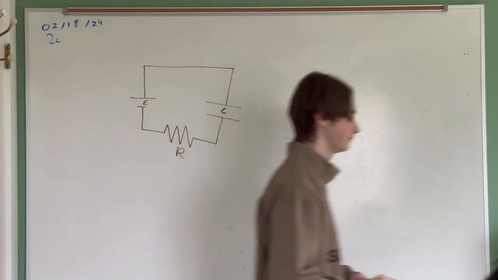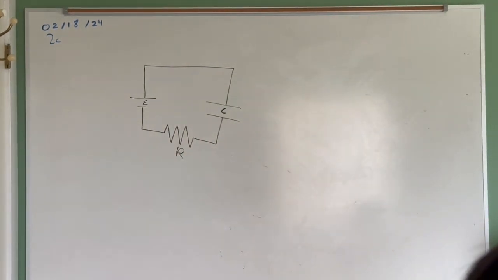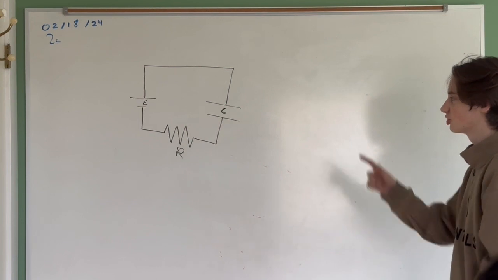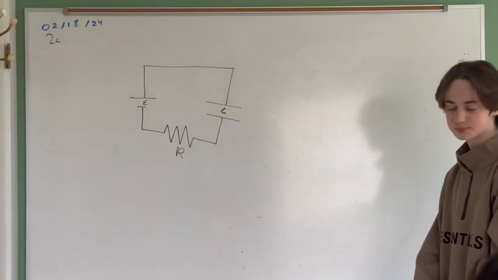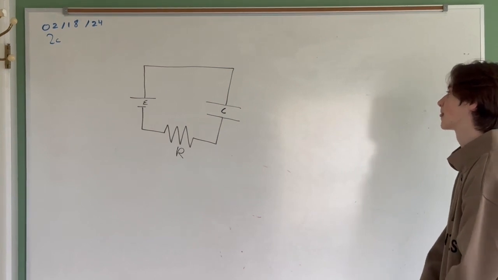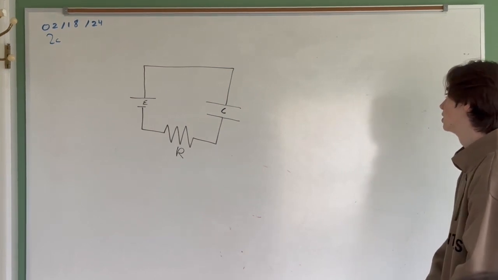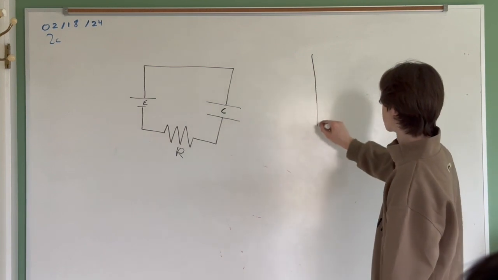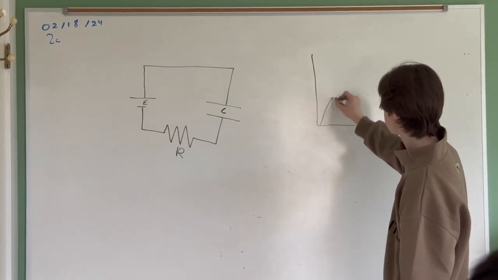Believe it or not, if we want to graph the transfer of voltage, charge, and current, it's not actually super simple. It follows an equation called the time constant equation.